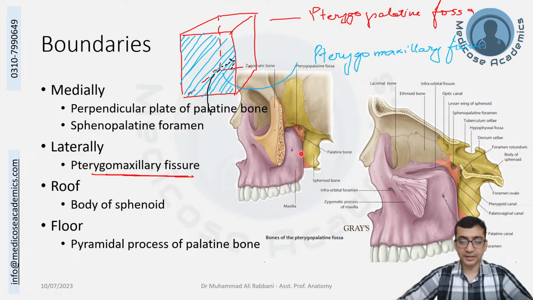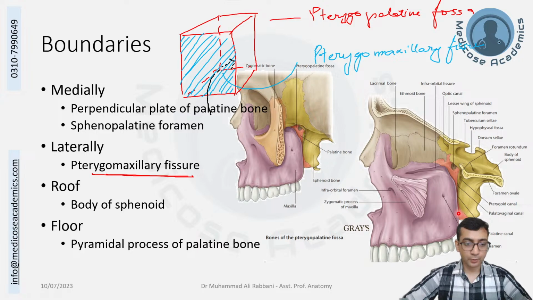So, which structures are related to it? On the upper aspect, superiorly, there is the body of sphenoid. If you move down, you will see the part where the pyramidal process of palatine bone touches the maxilla. So it closes down.